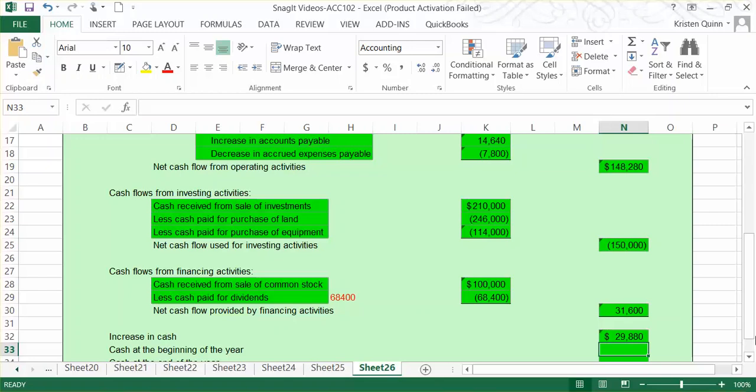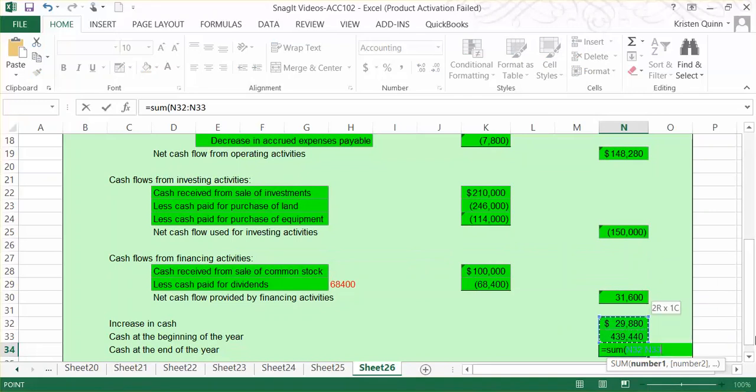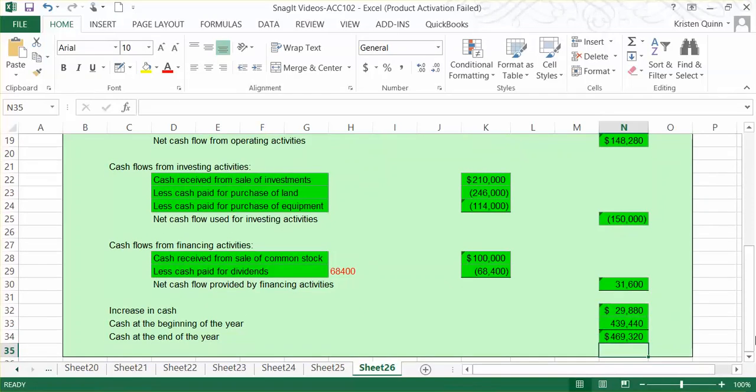So again, go to your comparative balance sheet. A cash balance at the end of one year becomes the cash balance at the beginning of the next. So our cash balance at the end of 2013 of $439,440 would have been our beginning cash value for 2014. If we add together the beginning cash value and our increase in cash during the year, we arrive at $469,320.